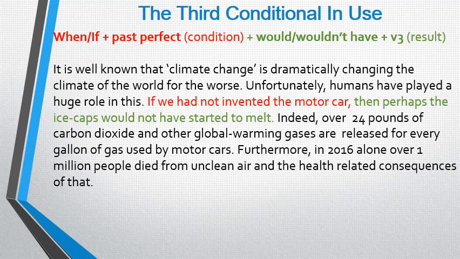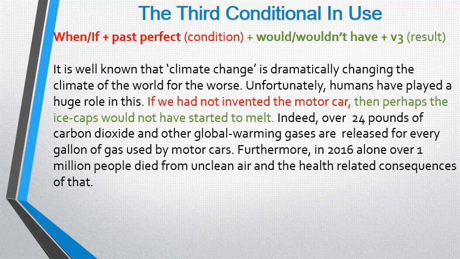If we had not invented the motor car, then perhaps the ice caps would not have started to melt. Indeed, over 24 pounds of carbon dioxide and other global warming gases are released for every gallon of gas used by motor cars. Furthermore, in 2016 alone, over 1 million people died from unclean air and the health-related consequences of that.